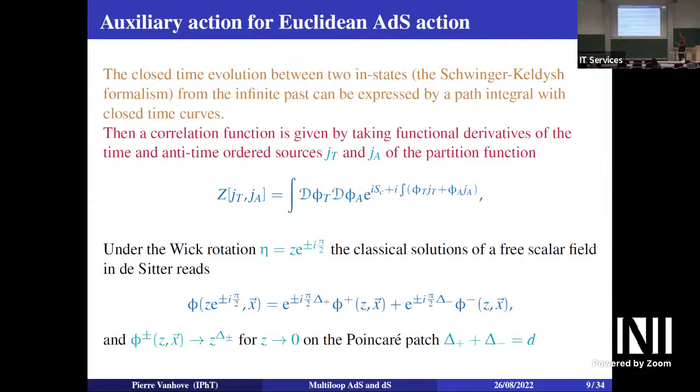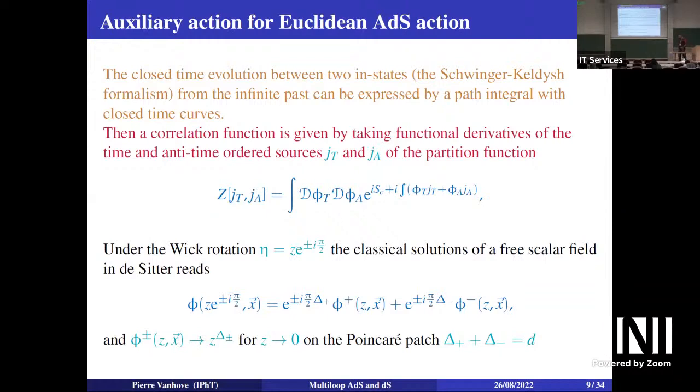But here, because you are in this Schwinger-Keldysh formalism, you need to have sources that are time ordered and anti-time ordered. So there is a time ordering that you have to pay attention to. There is the time-ordered source that is coupled to the field that is time ordered, and the anti-time-ordered source that is coupled to the anti-time-ordered field. And here is your action that in a minute I will show you.